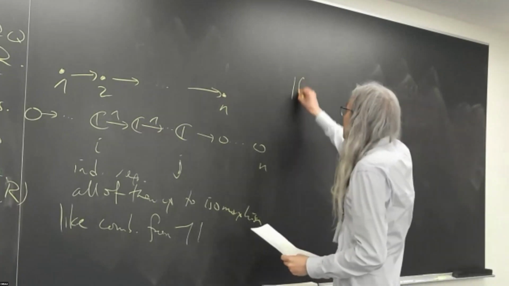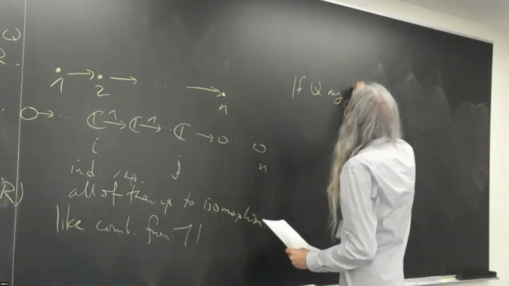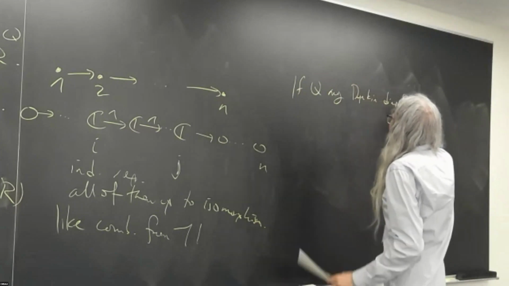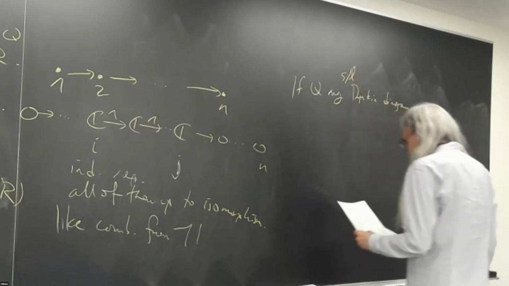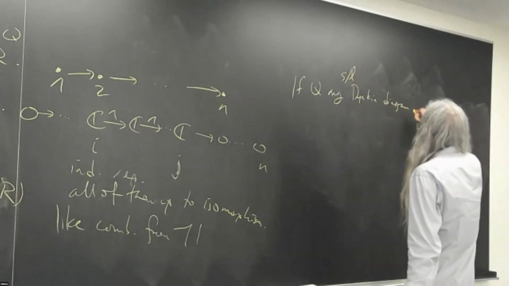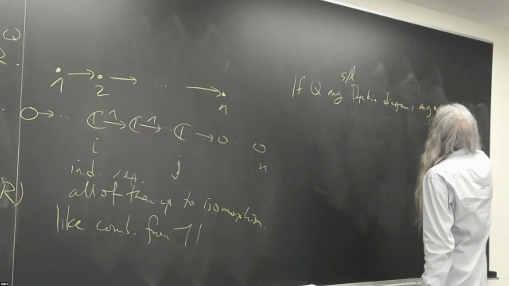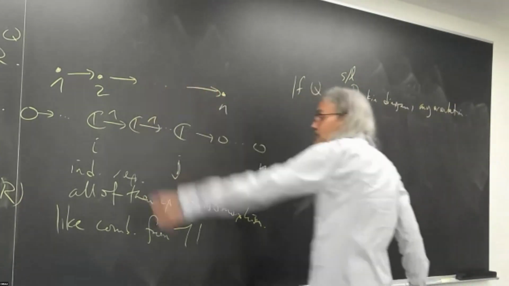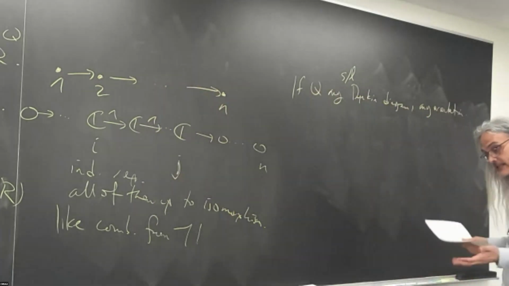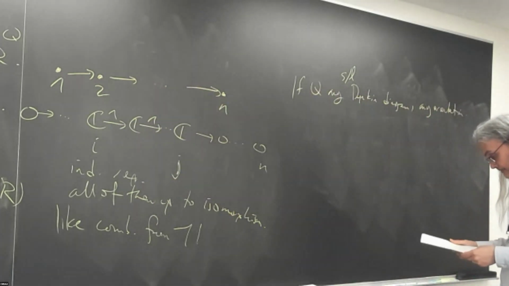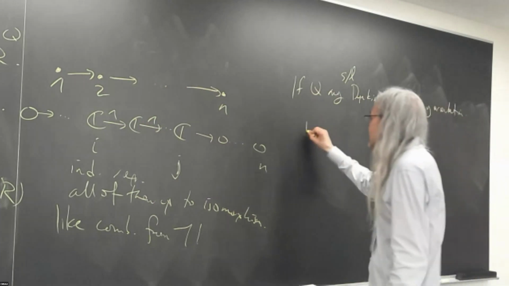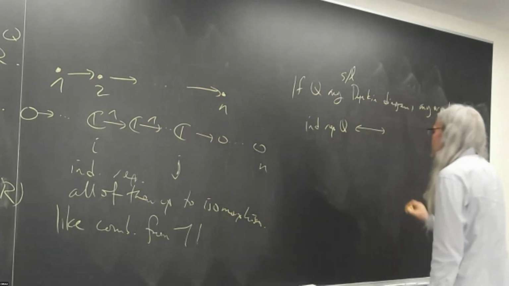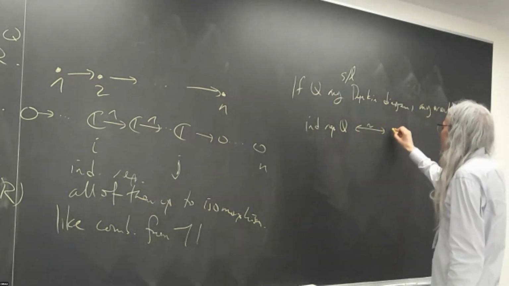If Q is any Dynkin diagram, so A, D, E, with any orientation, like you can type A diagram like this, but I could change some of the directions of the arrows, or I can think about type D or type E. Then the indecomposable representations of Q correspond bijectively to the positive roots.